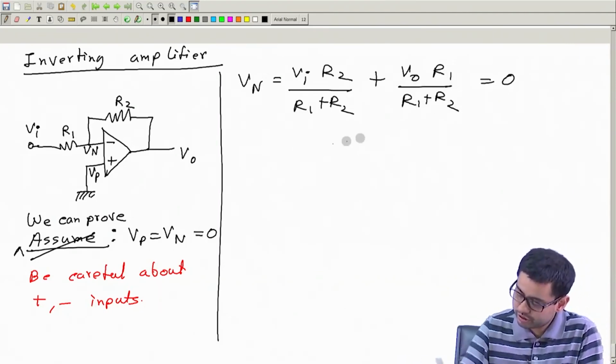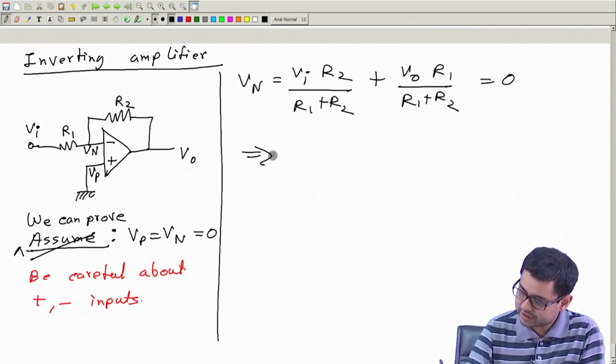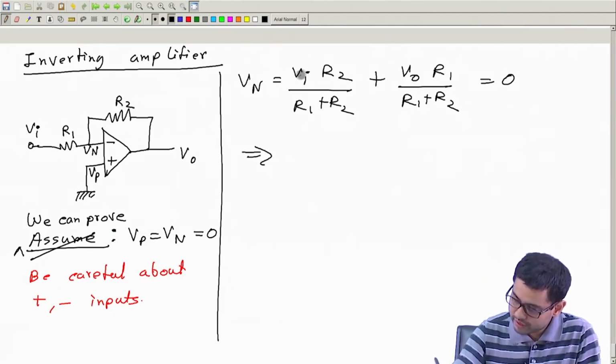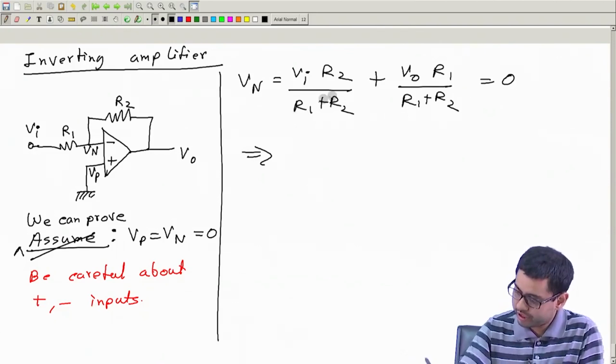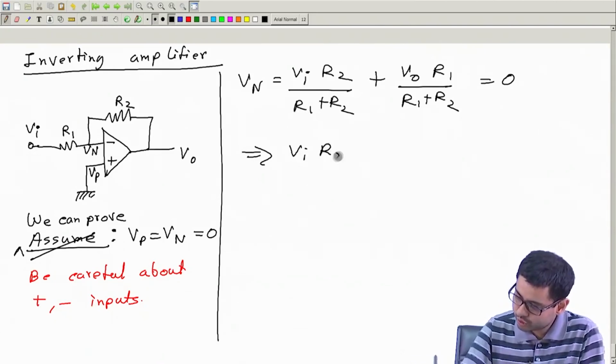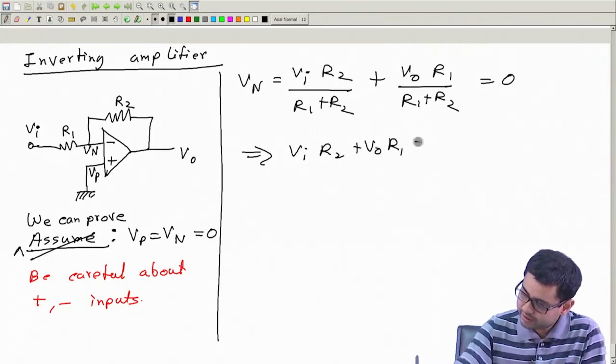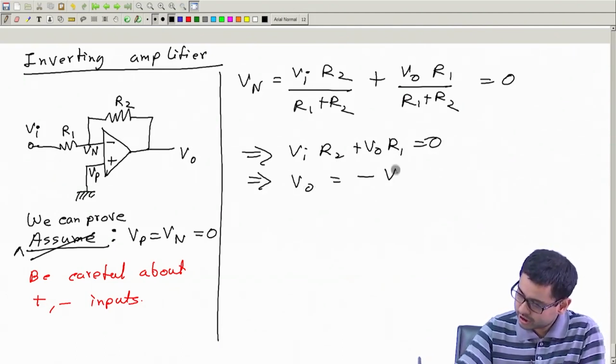So from this we can write that this term is 0. Now the denominator is common, you can eliminate it. So you write Vi R2 plus VO R1 is equal to 0, which will give VO is equal to minus VI R2 by R1.